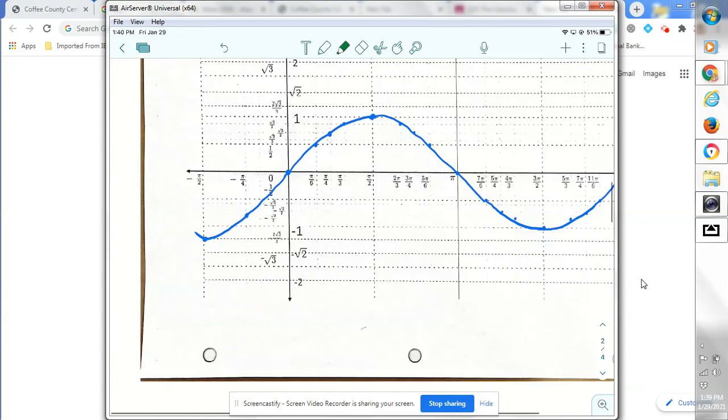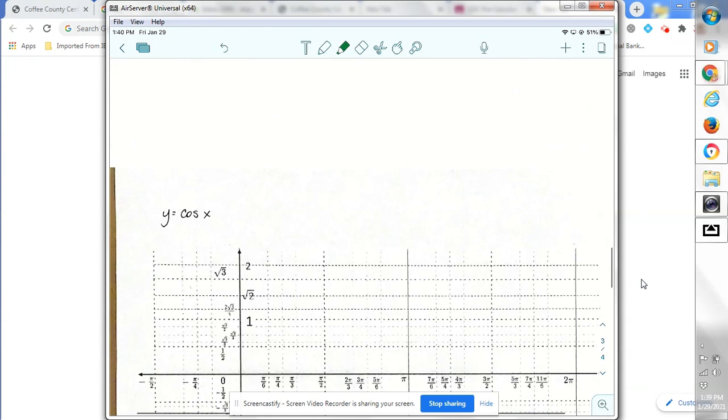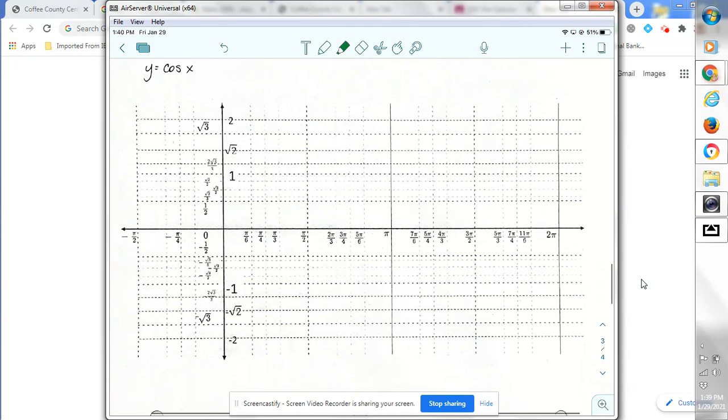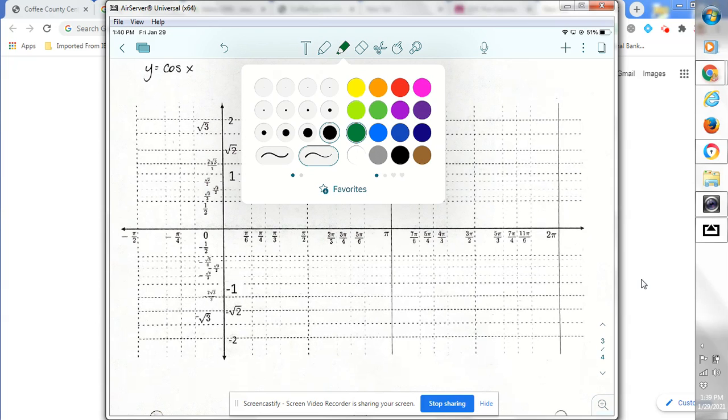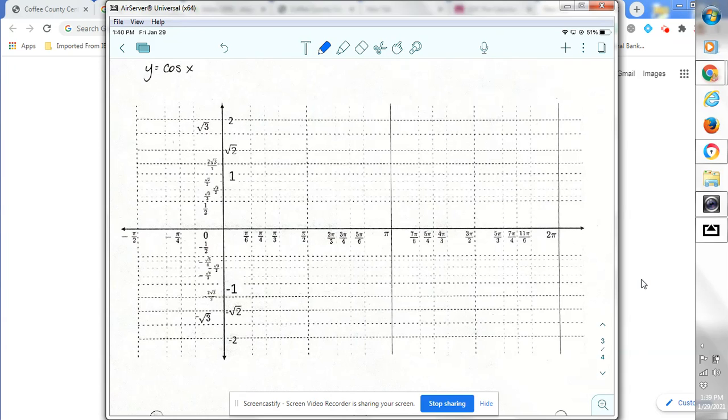So I want you guys on your own to fill in that cosine curve. I really don't want you to just watch me do it. I want you to do it on your own.